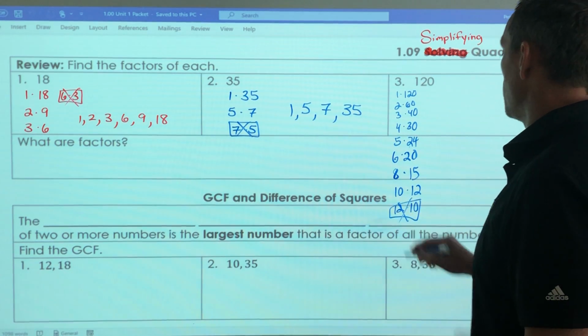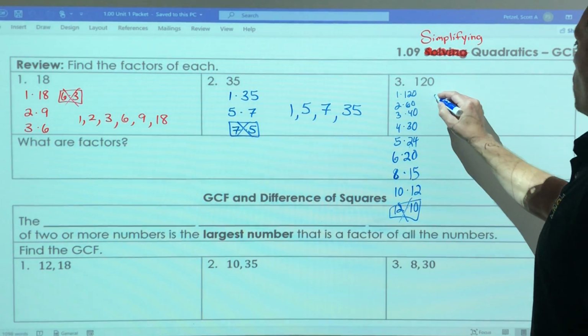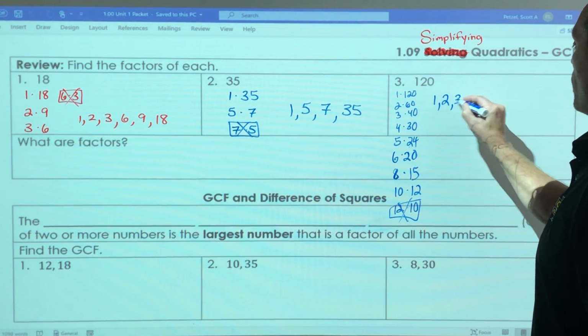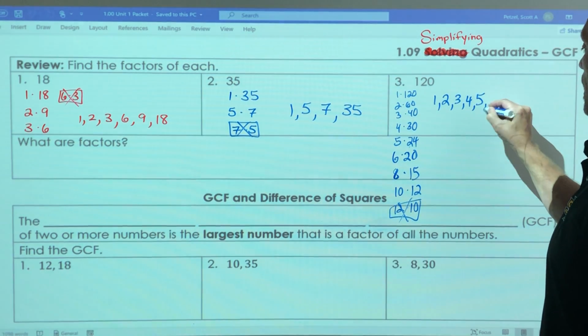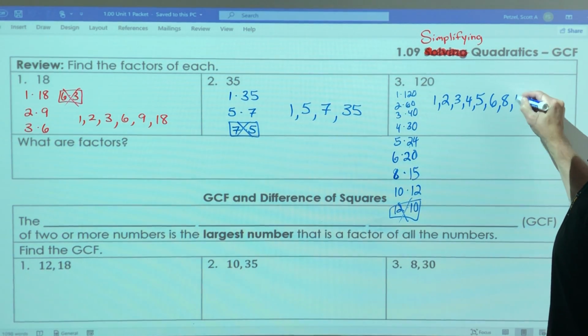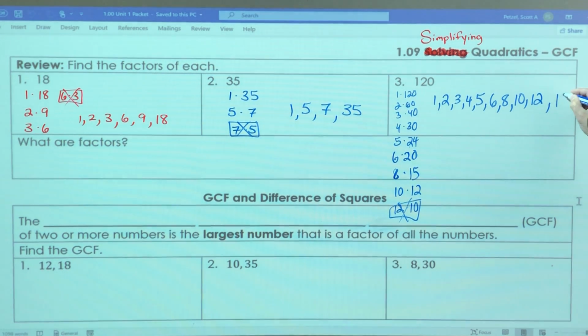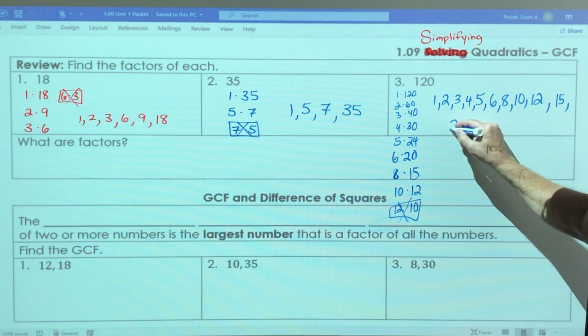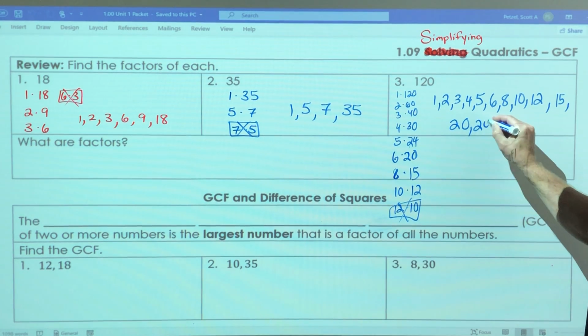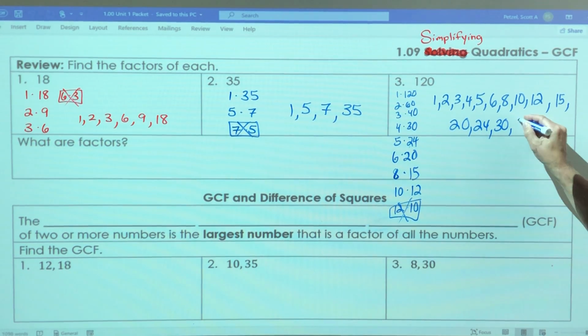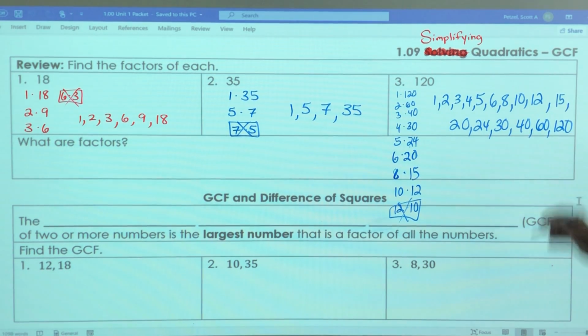We repeat. So our factors are 1, 2, 3, 4, 5, 6, 8, 10, 12, 15, 20, 24, 30, 40, 60, and 120. Ton of factors there. That's how that works.